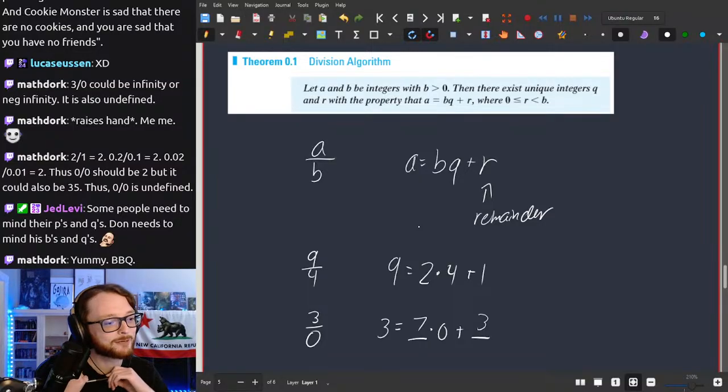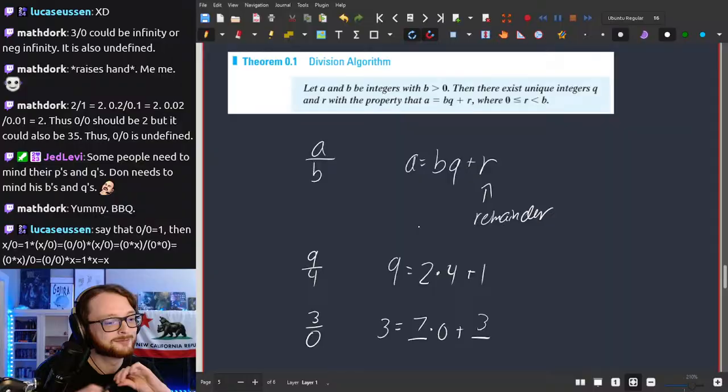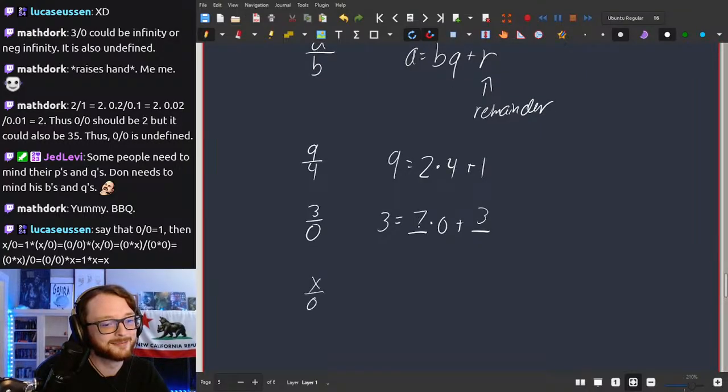Oh, that's a neat train of thought, Brian, with the 2/1 thing. Oh gosh, this is a whole string of x's and zeros. If you wanted to find 0 over 0 as 1, then x over 0 is 1 times x over 0, and then you substitute that 1 to be 0 over 0, which is equal to... Okay.